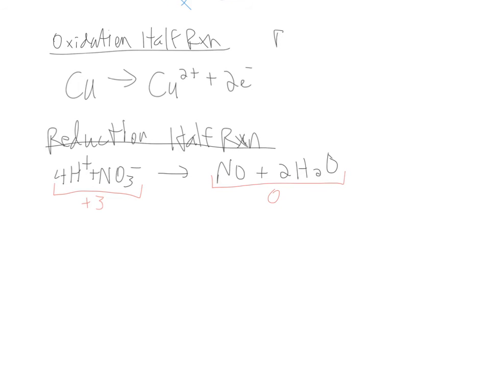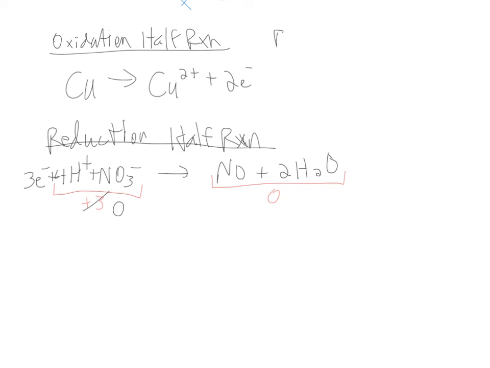So we'll add 3 electrons to the left side of the equation. In doing that, we knocked the charge down to 0, and so now there's a match. 0 on the left side, 0 on the right side. So we have a nicely balanced oxidation half reaction and a nicely balanced reduction half reaction.